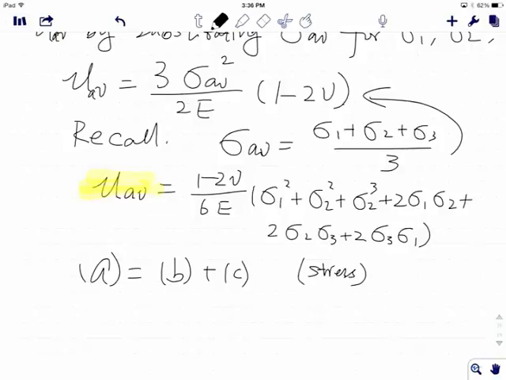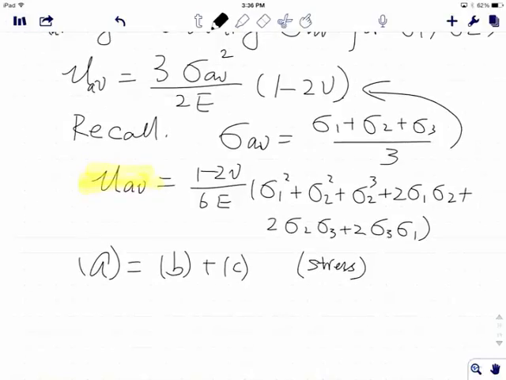But at the same time, we have the strain energy we determined, which is U, and over here we have the strain energy determined average, right? And plus something we don't know, right?